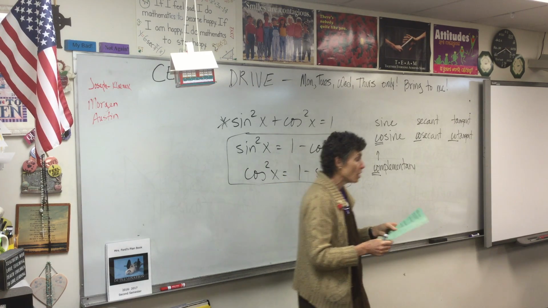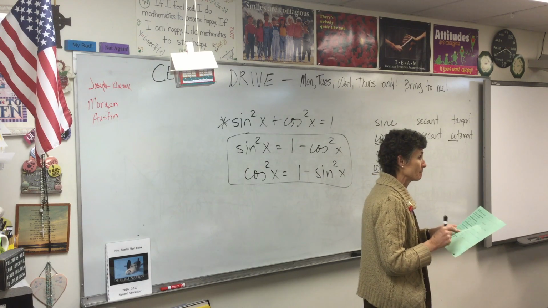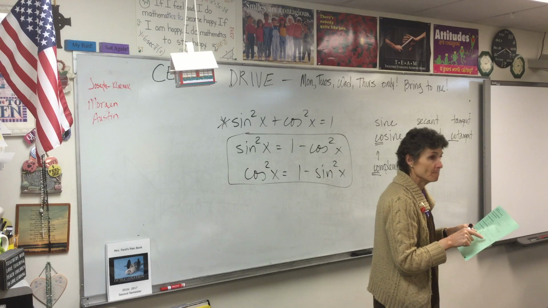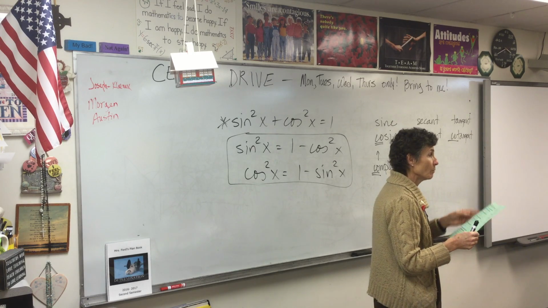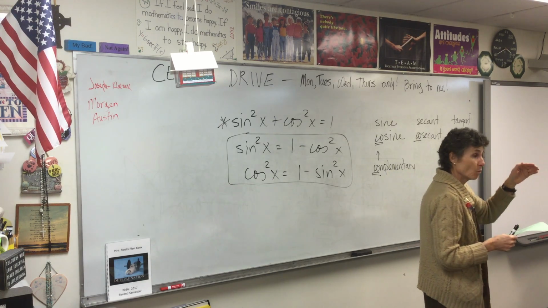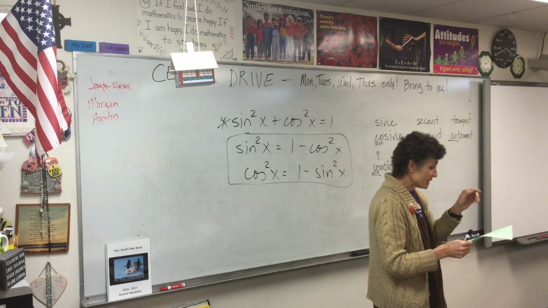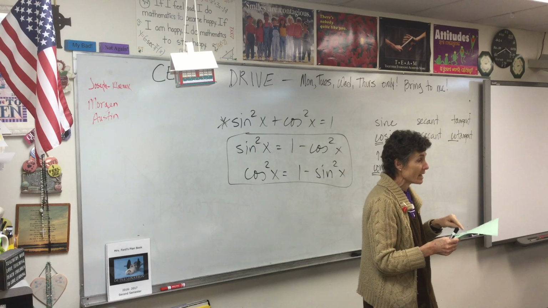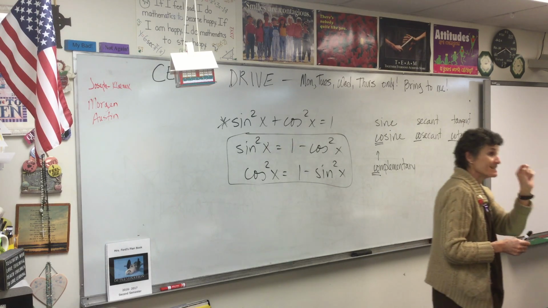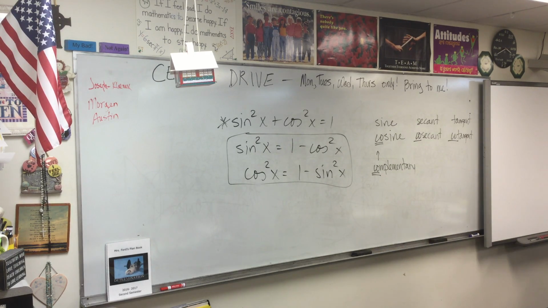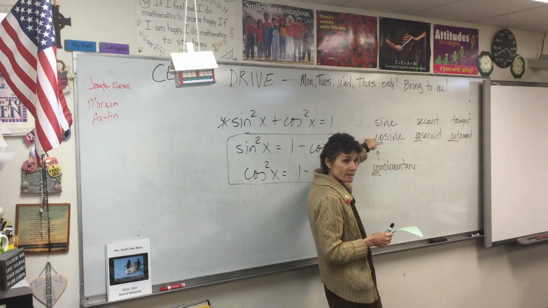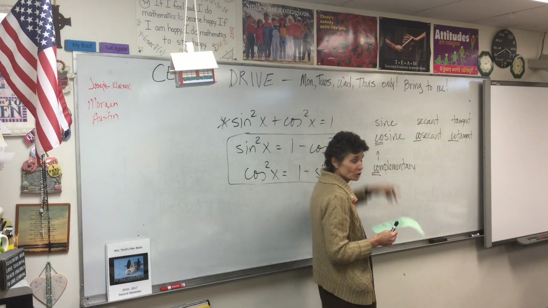So look at your co-function identities. They all have a pi over 2 in them. What's pi? 180. So what's pi over 2? 90. So if you want to change all those pi over 2's to 90's, you can. But the minute you see a 90 in the problem, you're going to think complementary, and then you're going to think co-function.